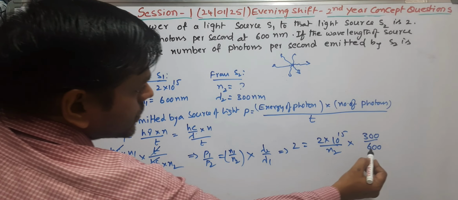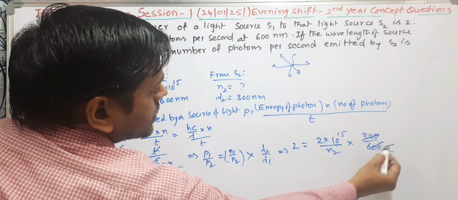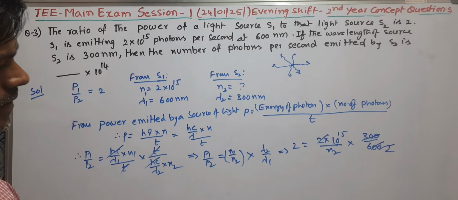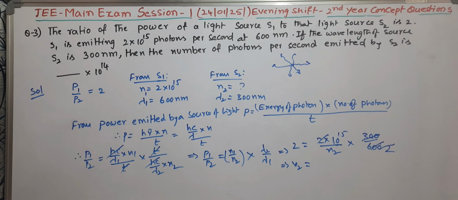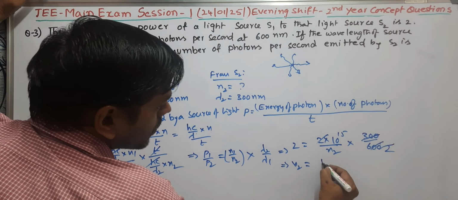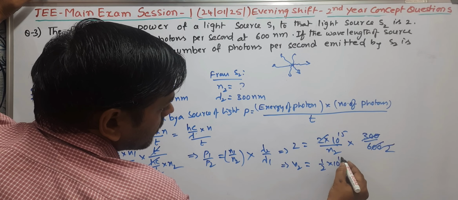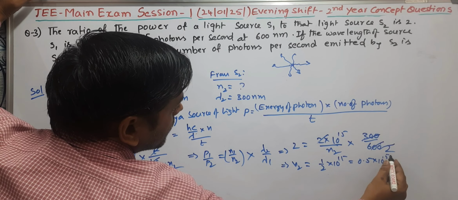The 2 cancels, so N2 is equal to 1 by 2 into 10 power 15, that is 0.5 into 10 power 15.